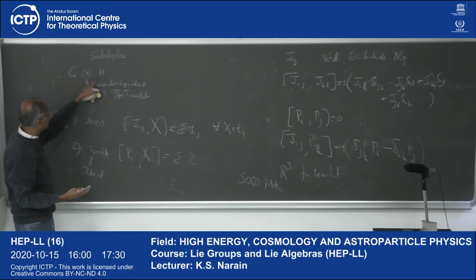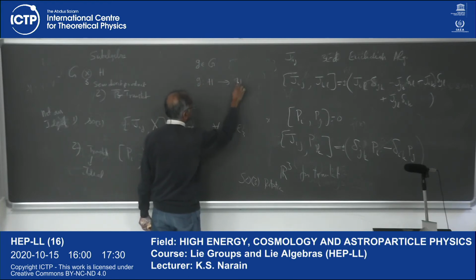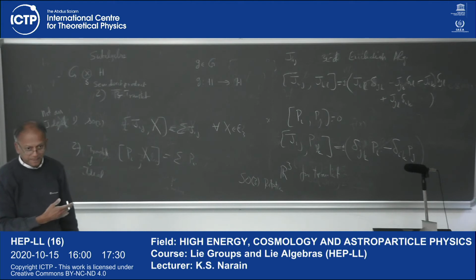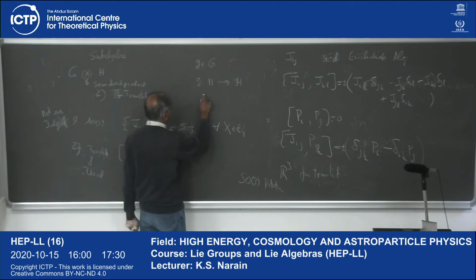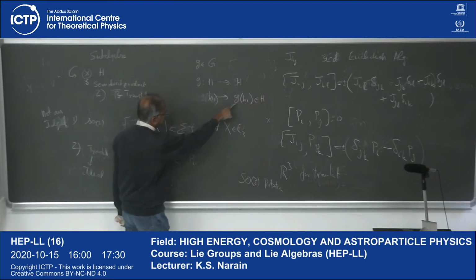Automorphism would mean that for every g belonging to capital G, there is a map g that maps H to H, which satisfies all the product rules of H. In other words, let's say h1 is mapped to something which I call g(h1), an element of H. It depends on which g you're talking about, which is why I put g here.